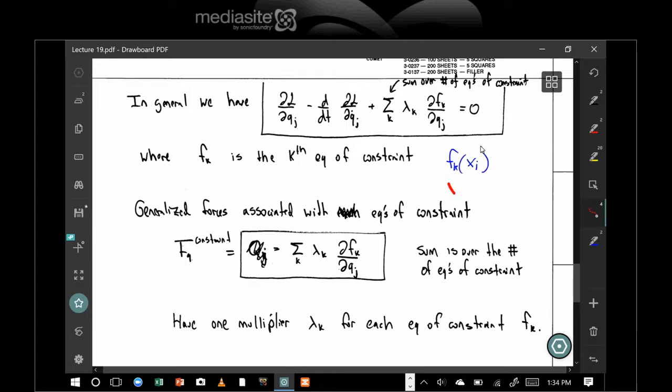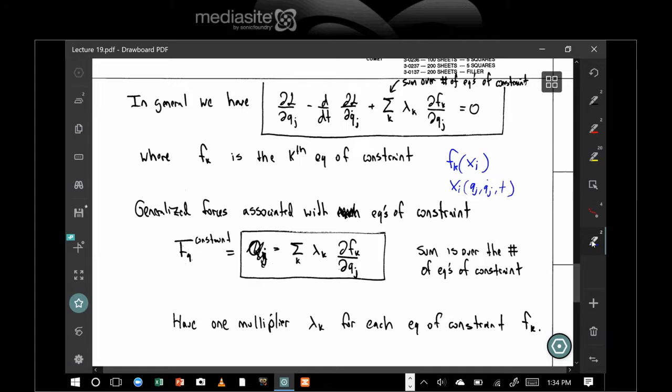But remember, I have equations that relate my Cartesian coordinates x sub i to all my q's. So they might be a function of q sub j, they may be a function of q dot, and they may be functions of time as well. So this can get pretty messy.